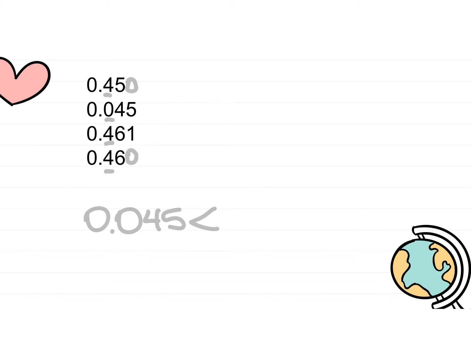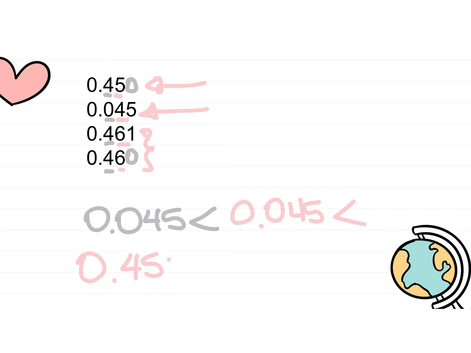The next number, what we're looking for here. Once we're done that, we go to the next decimal place. We've got a 5, a 4, a 6, and a 6. Because this digit is a 4, it is the lowest number, 0.045. Let's go to the next one. These two both start with 6, so we're not sure just yet, but for this one, the next value is a 5, so we've got 0.450.